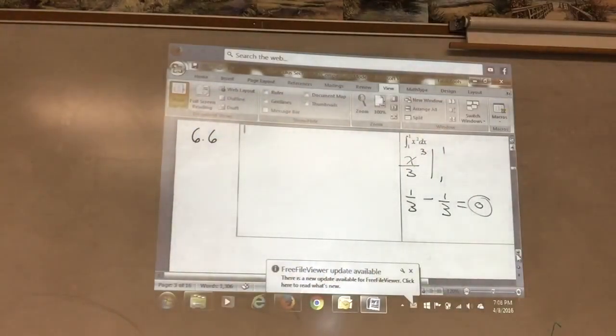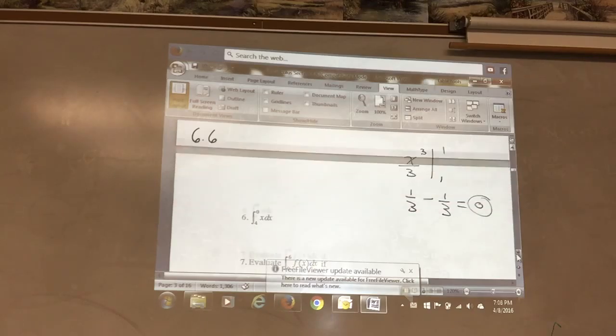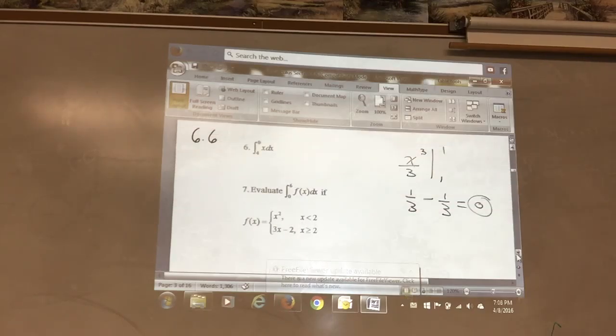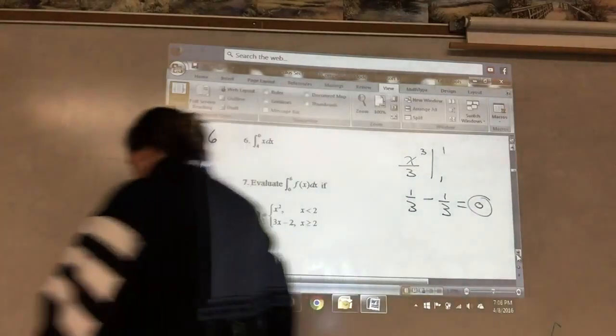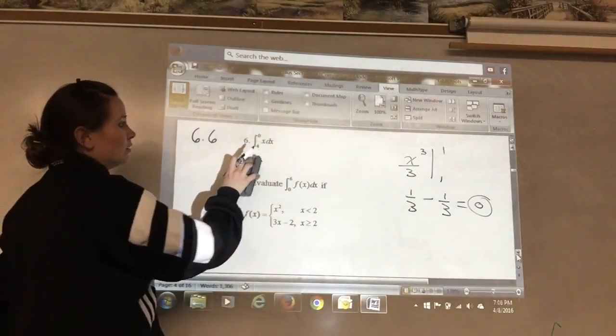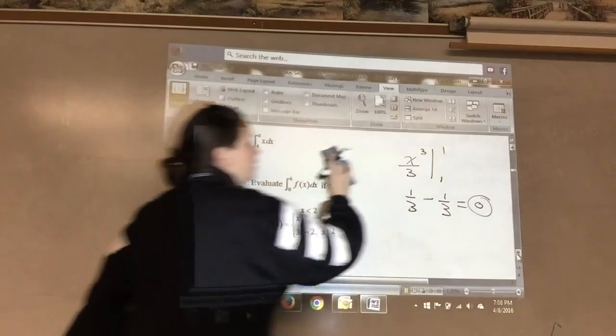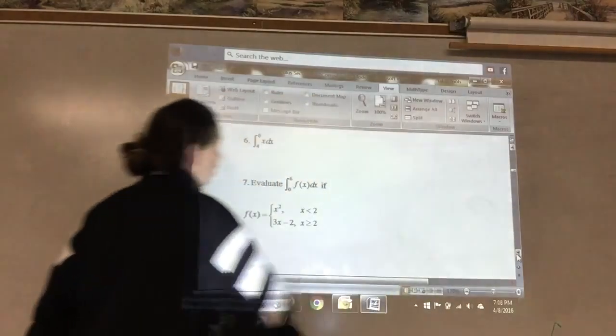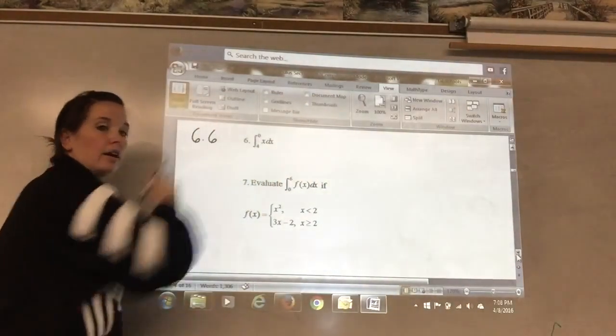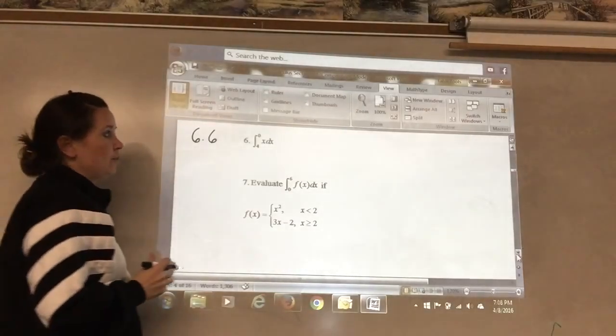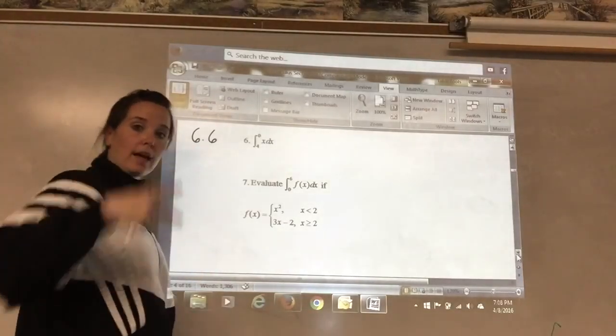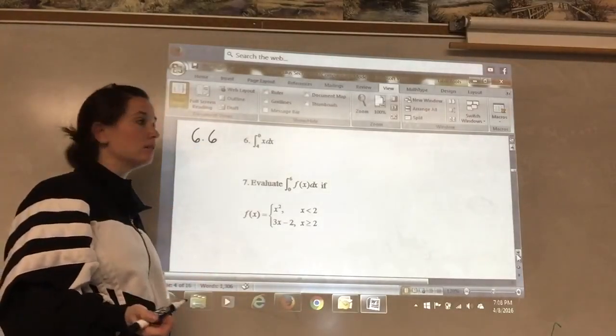I think we're on our last page already. Okay, number 6. Notice, please, that the bounds are from 4 to 0. Do you see that the lower bound is higher than the upper bound? If you notice that, you can switch them and just take the opposite of your answer.